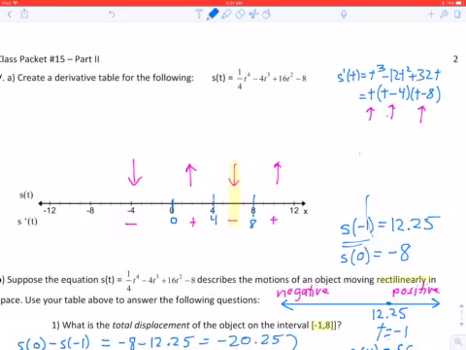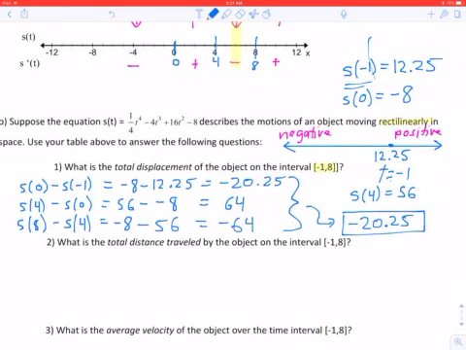And you'll find out you get -20.25. In other words, this is the same as final minus initial without even breaking it up. That's great, it's the same. So that's total displacement. You see that movements cancel each other out.